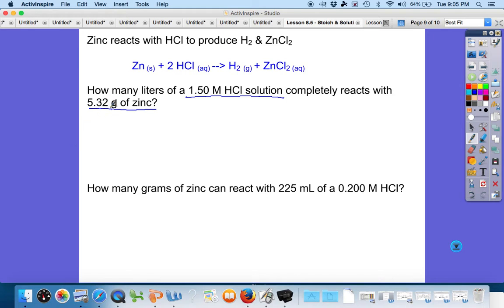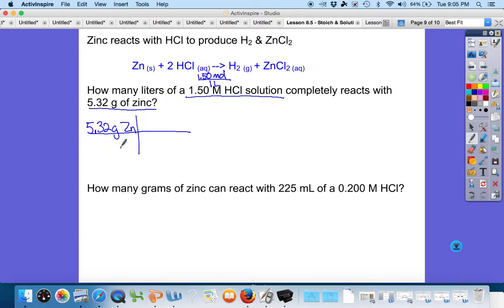So we're going to start with our 5.32 grams of zinc, because remember that our molarity, this is 1.5 moles per liter. So this is actually a conversion factor and not our given. So 5.32 grams of zinc.